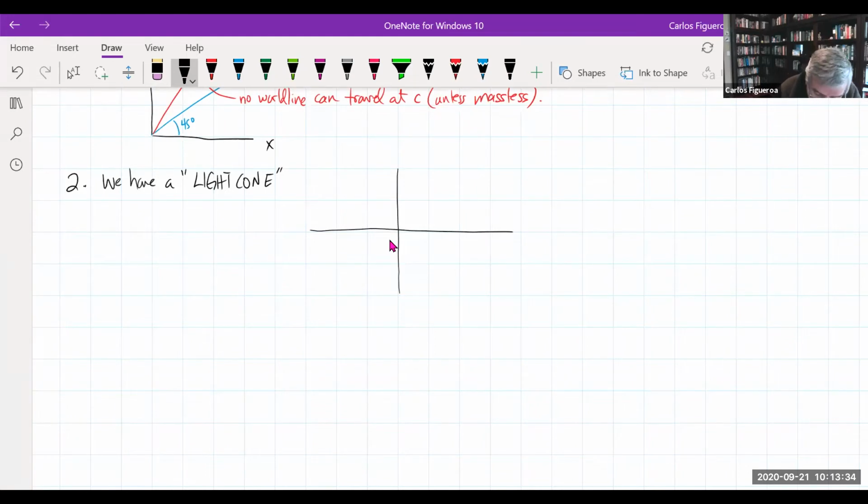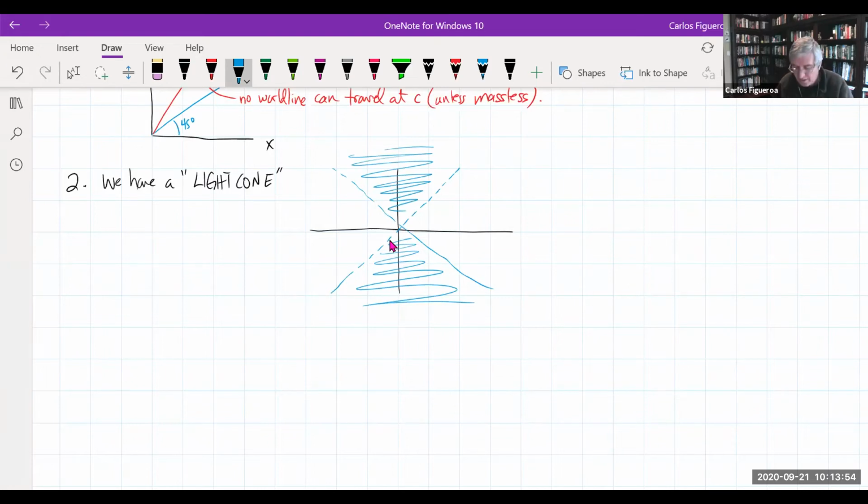If I look at light, I'm going to see that this light here is at 45 degrees and it goes all the way back. And then I have another. And so this is essentially what they call the light cone, in this region right there. So of course, this means v equals c. And this equals v equal to c, but in the negative direction.